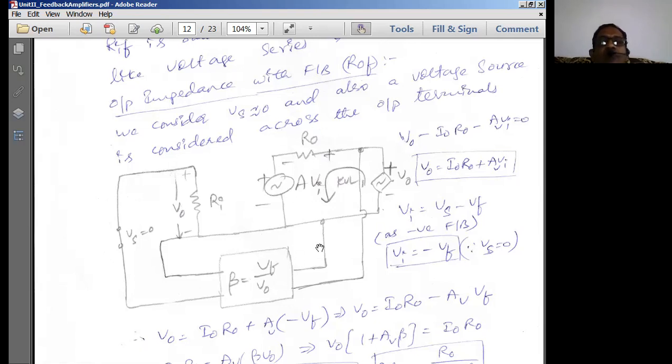Suspending means we make it zero. Whenever we make it zero, Vs becomes equal to zero, and we connect an output voltage source to find the output resistance. So the same thing has been written here. We consider Vs equal to 0 and also a voltage source is considered across the output terminals.